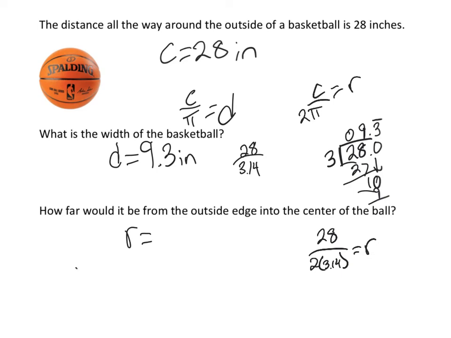So 28 goes on the inside. We're going to divide by 2 times 3. Right here, 2 times 3, which is 6. 6 goes into 28 4 times, and that's 24. We subtract, we get 4, add a decimal. 6 goes into 40 6 times, and that's 36.